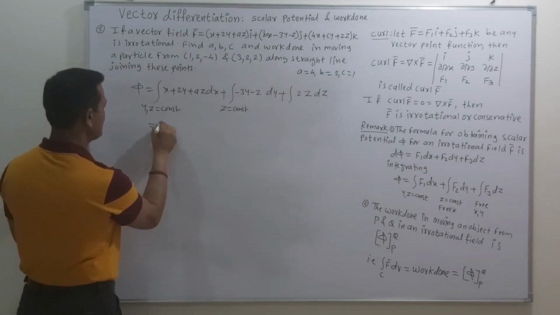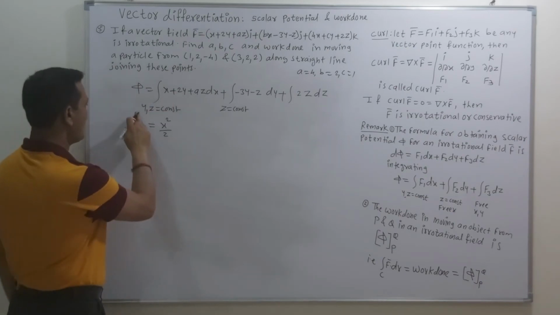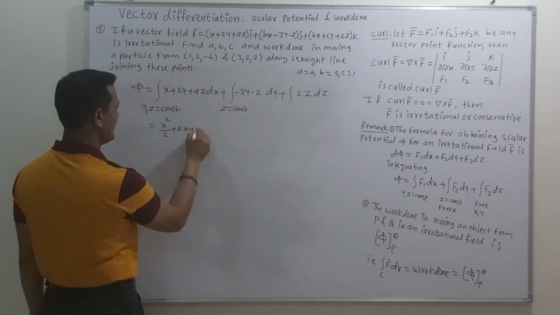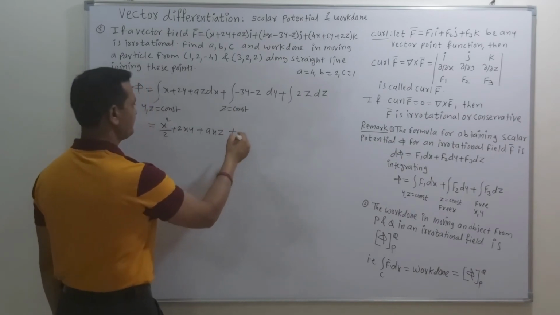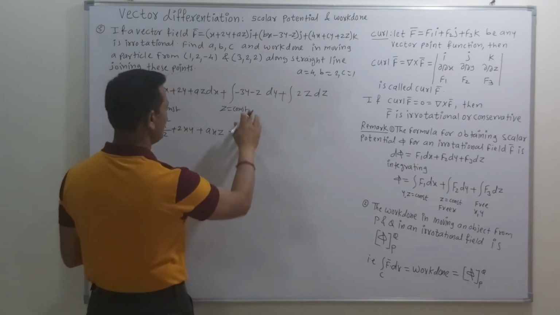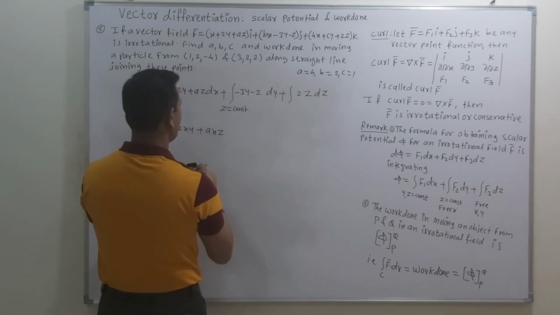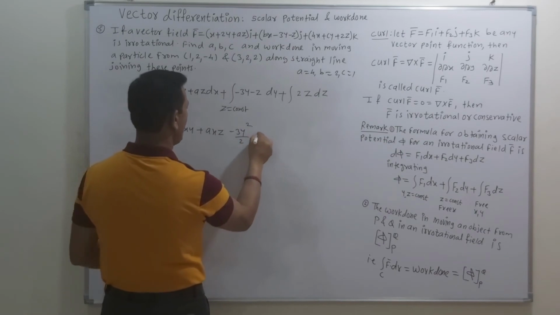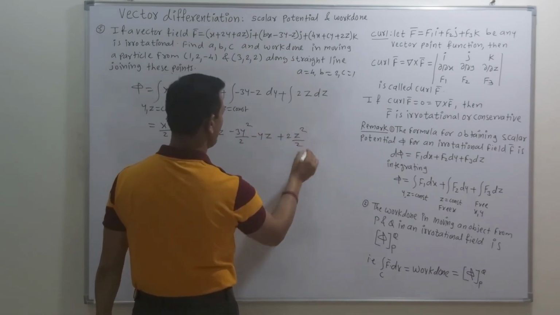Just find the integrations. The first is x square upon 2. In this first integration, y and z are constant, so we write 2xy, where y is constant, then axz, then in the next integration, with z constant, minus 3y square upon 2 minus yz plus 2z square upon 2.